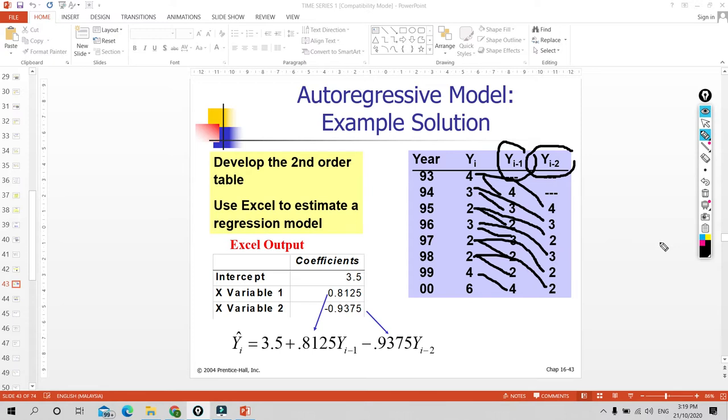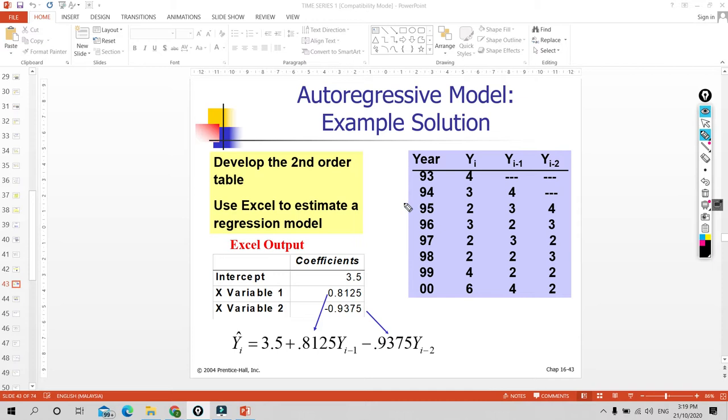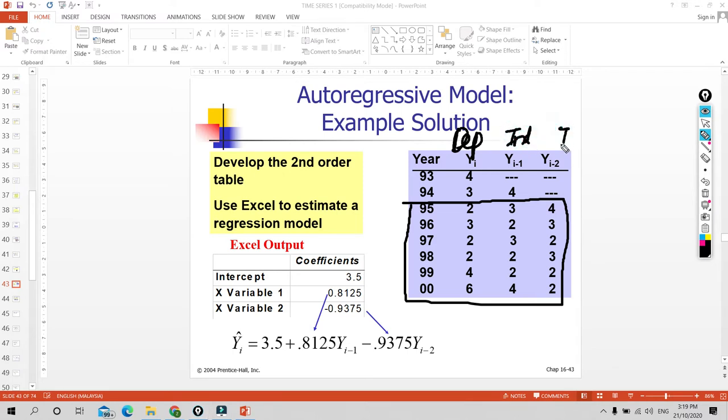Now, when we want a regression analysis, an autoregression model, we just focus on this part. This is the dependent variable, and these are the independent variables.